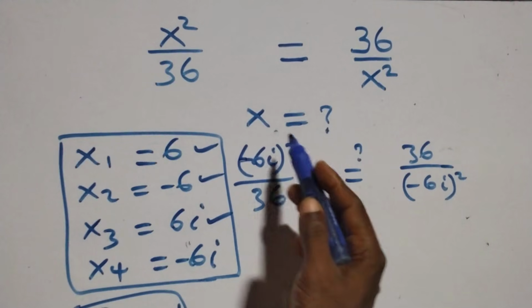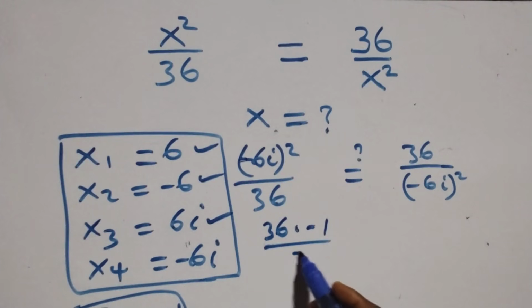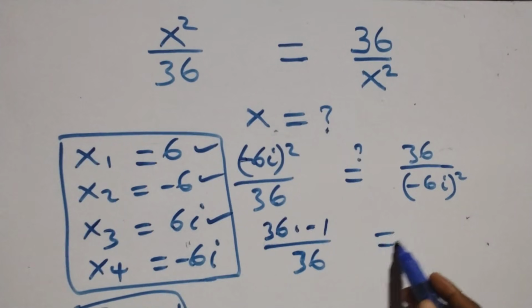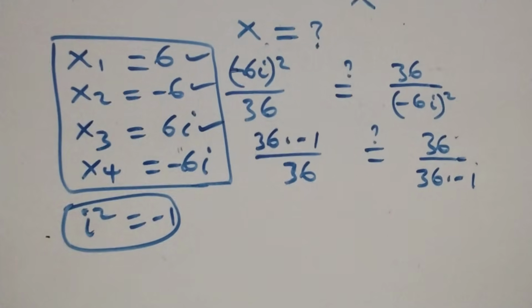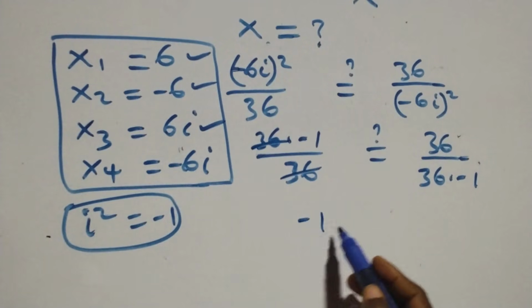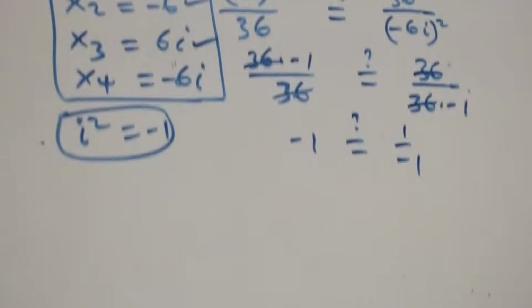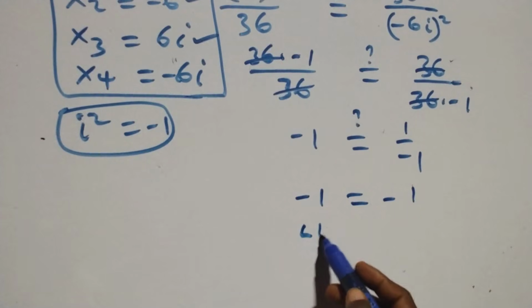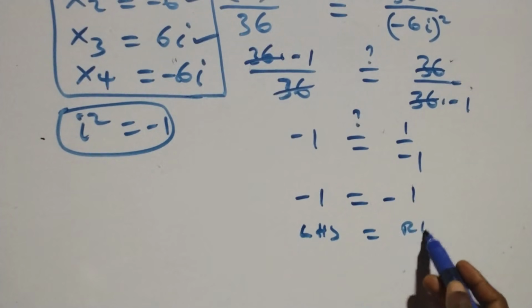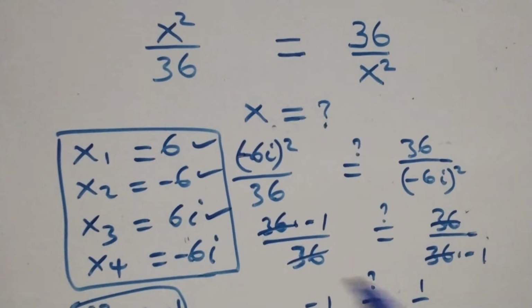Here minus squared turns to plus, 6 squared is 36, i squared is minus 1, over 36, is it equal to 36 over 36 times minus 1? Here 36 cancels each other, minus 1 is equal to 1 over minus 1. This gives us minus 1 equals 1 over minus 1, also minus 1. Left hand side equals the right hand side, and therefore we conclude that minus 6i also satisfies the given problem.